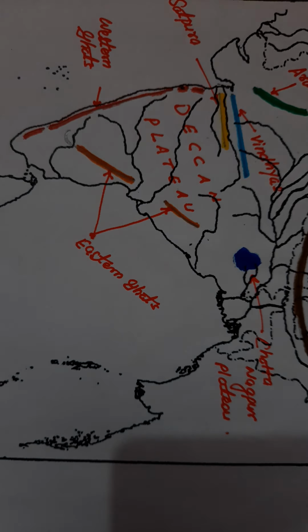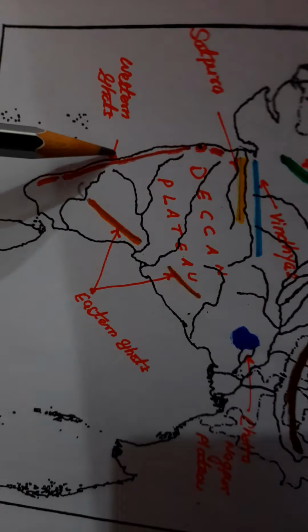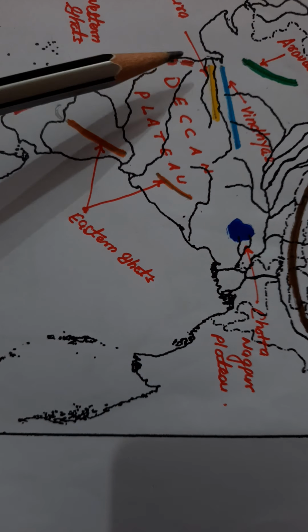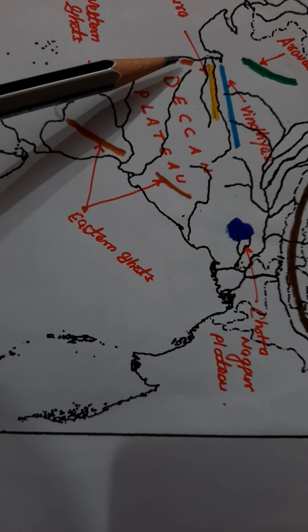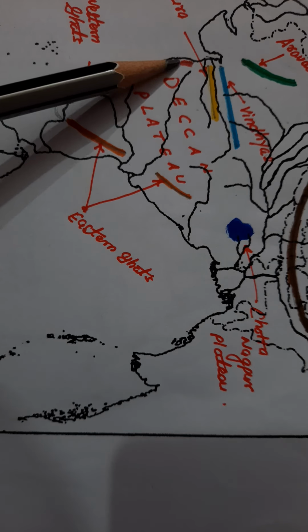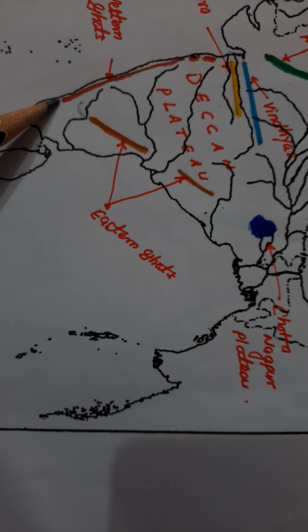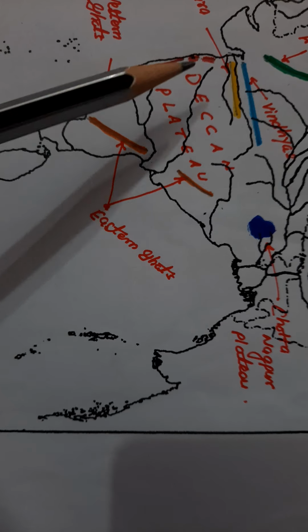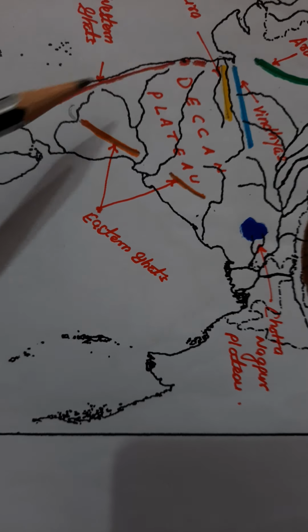The Deccan Plateau lies between the Western Ghat and the Eastern Ghat. The Western Ghat has three broken lines, broken at three places. These are Thal Ghat, Bhor Ghat, and lastly Pal Ghat. These are the passages between the mountains, so these are passes: Thal Ghat, Bhor Ghat and Pal Ghat.